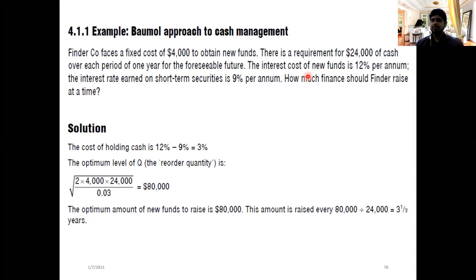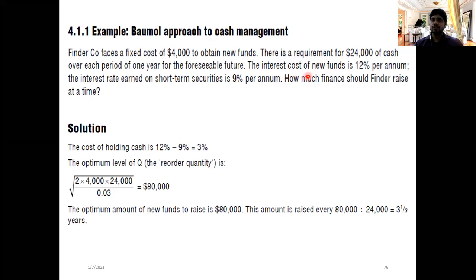3%. Good. How did we get 3? Please understand very carefully. If you have surplus funds, you can invest that money at a 9% interest rate. At the same time, if you encounter a cash deficit, you have to get money from a bank or other sources and pay 12% as interest expense.